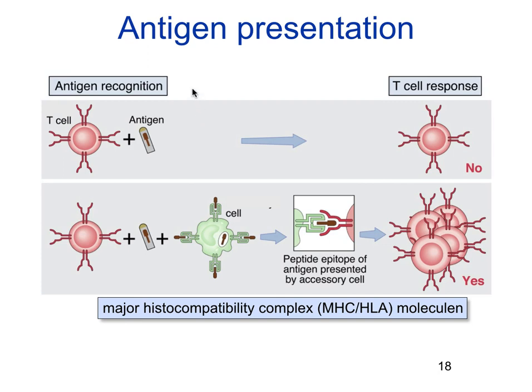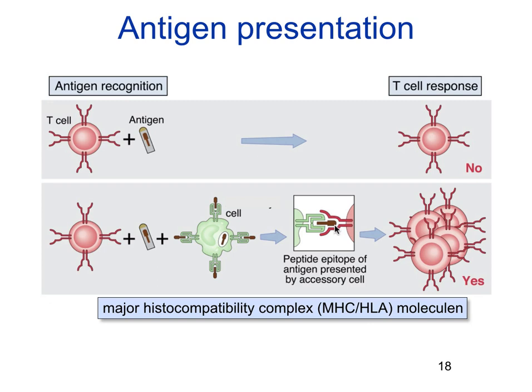Here again is what antigen presentation is. Here we have a T cell with T cell receptors. It cannot directly recognize the antigen. You won't get a T cell response. It only recognizes the antigen when there is a cell that is presenting the antigen to the T cell. And this antigen presenting molecule is called the major histocompatibility complex, or MHC molecule. In humans we also call these molecules HLA, human leukocyte antigen molecules.